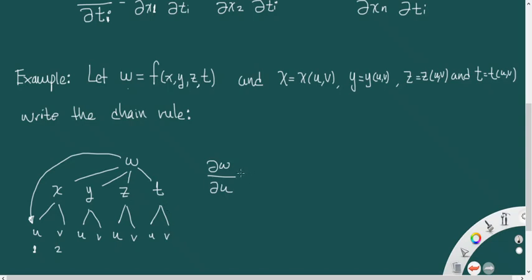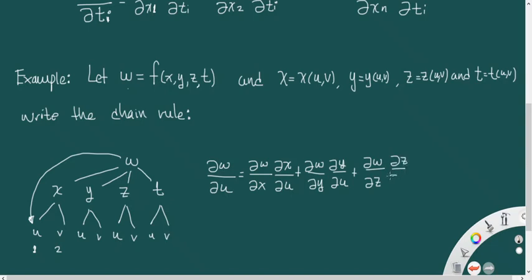So this is going to be equal to the partial derivative of w with respect to x times the partial derivative of x with respect to u, plus the partial derivative of w with respect to y times the partial derivative of y with respect to u, plus the partial derivative of w with respect to z times the partial derivative of z with respect to u, and the partial derivative of w with respect to t times the partial derivative of t with respect to u.